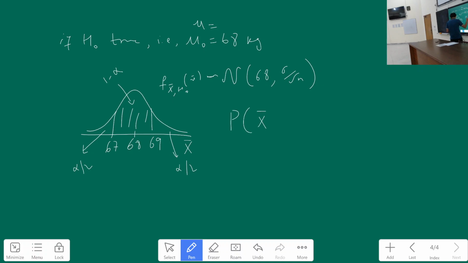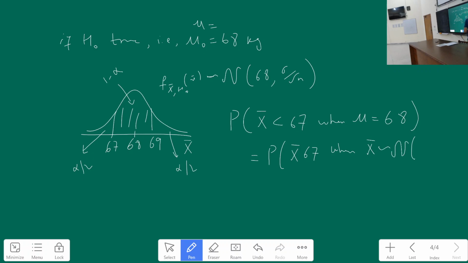X bar is less than 67 when the true mean is 68, that is, the null hypothesis is correct, is the same as saying probability X bar is less than 67 when X bar is distributed normal with mean 68 and sigma over square root n, whatever values you are given.